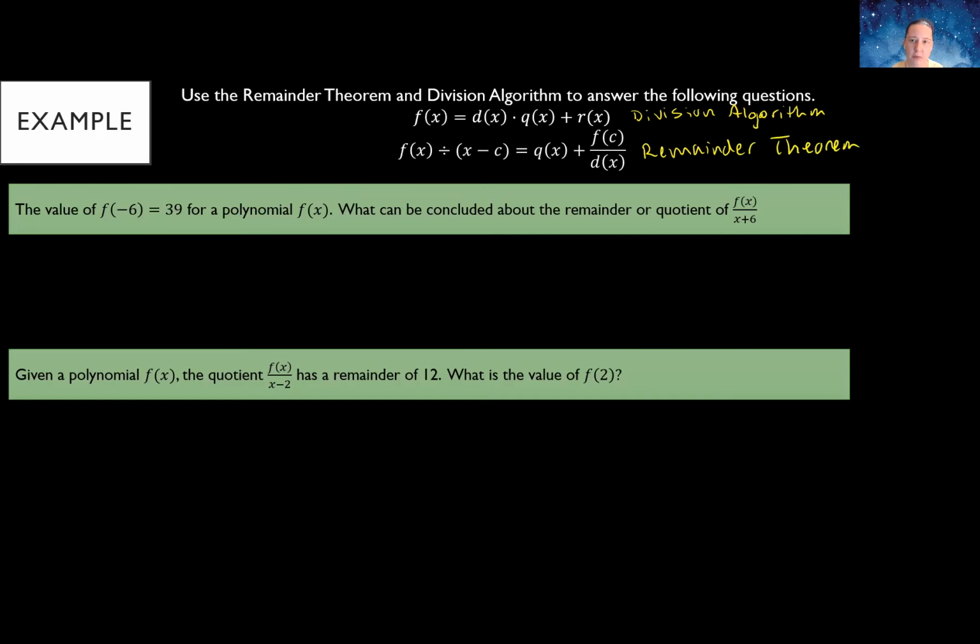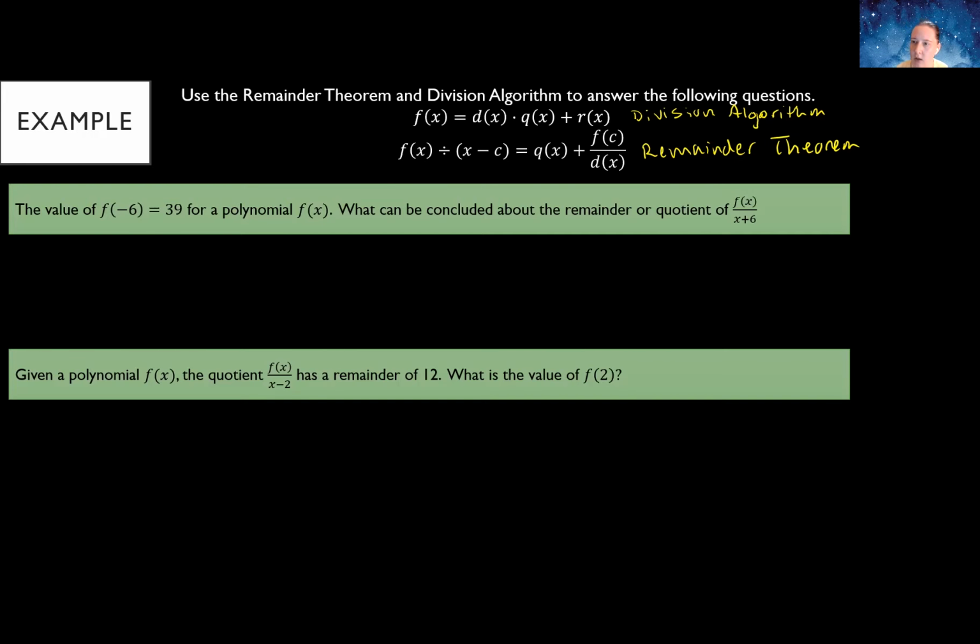So we want to use the remainder theorem and division algorithm to answer the following questions. The first one: the value of f of -6 is equal to 39 for a polynomial f of x. What can be concluded about the remainder or quotient of f of x over x plus 6?